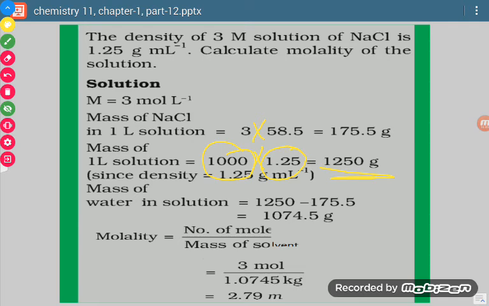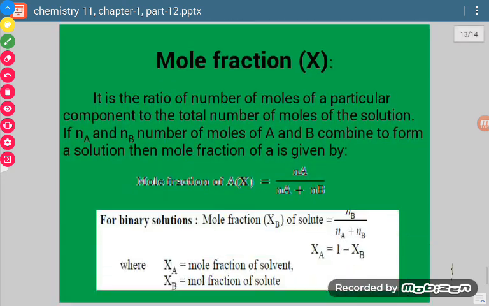Now see, mass of solute is known, mass of solution is known, so mass of solvent can be calculated. Now when we know the mass of solvent, then we can apply the formula: number of moles divided by mass of solvent. So there will be the molality value, it is 2.79 molal.